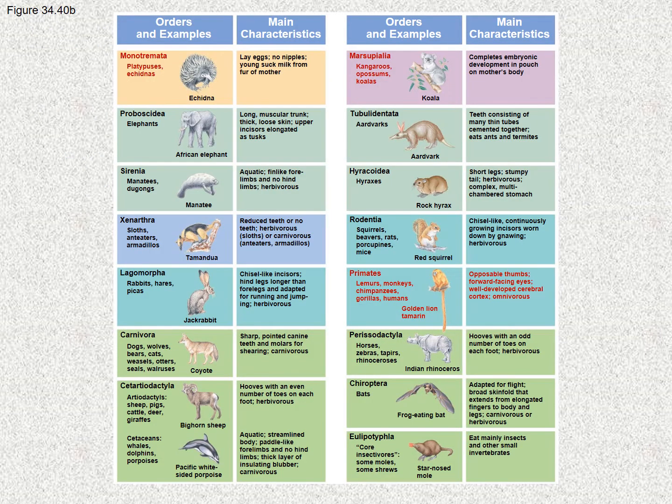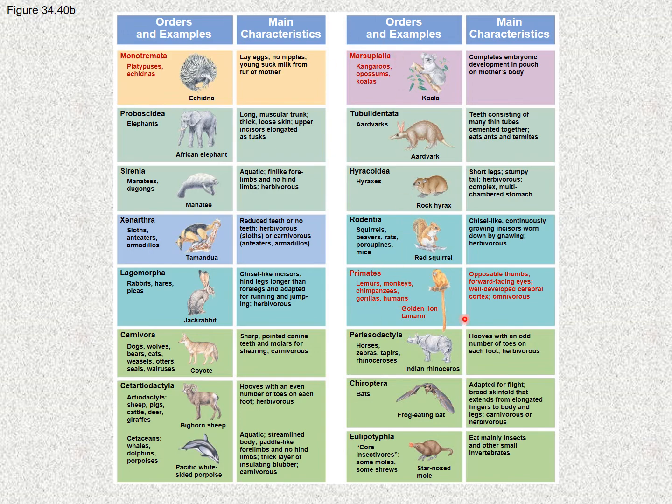Now let's look at some orders. We did focus mainly on the orders of the two major groups, and then of course a subgroup of the mammals, which belong to the same Eutherian group as the monotremes and the marsupials.